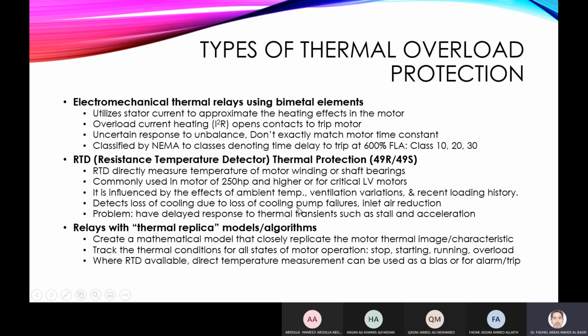These detectors will be influenced by the ambient temperature. Of course, this is needed because sometimes motor heat increases because of loss of cooling, like a cooling pump failure, or the inlet air for the ventilation is reduced, and that will increase the temperature of where the motor is located.